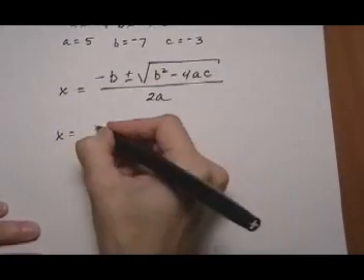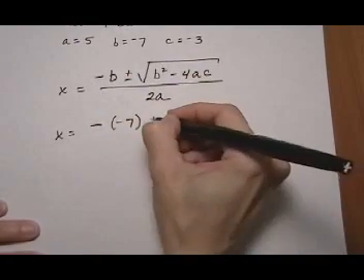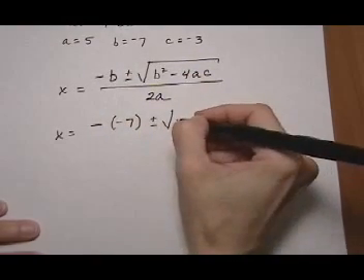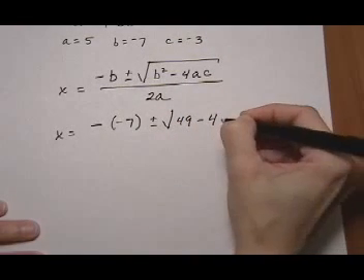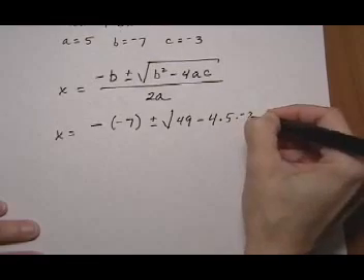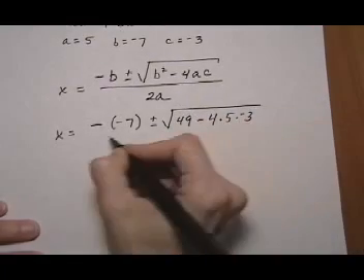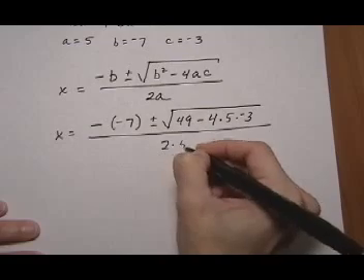X equals minus b, which is a negative 7, plus or minus the square root of b squared, 7 squared is 49, minus 4 times a, which is 5, times c, which is negative 3, everything over 2 times a, which is 2 times 5.